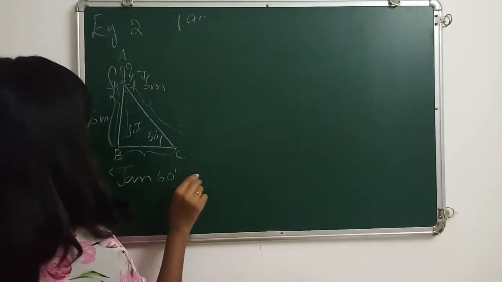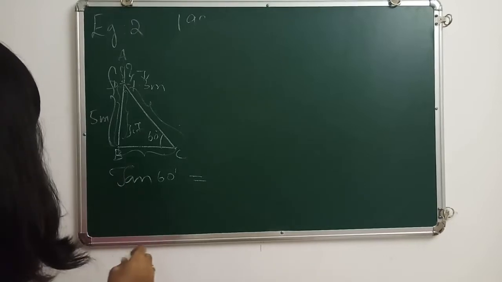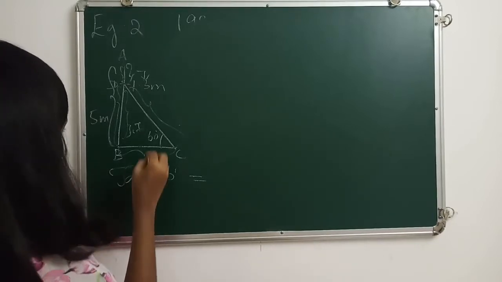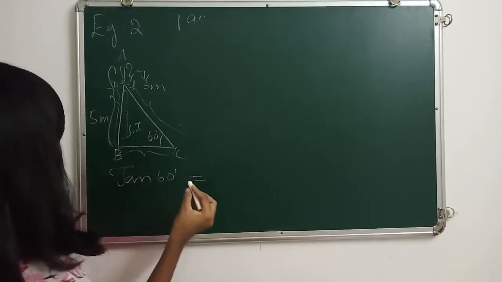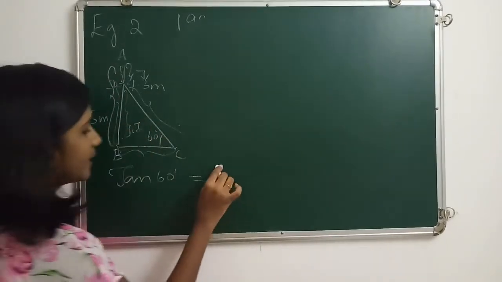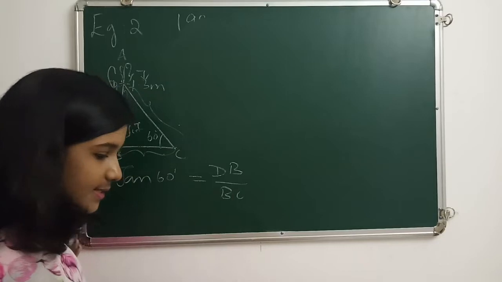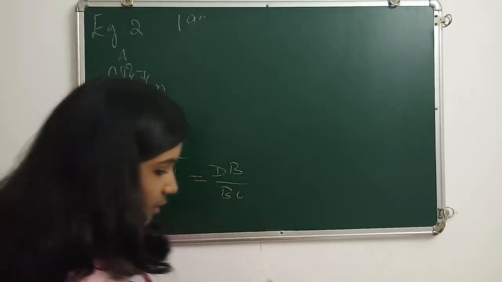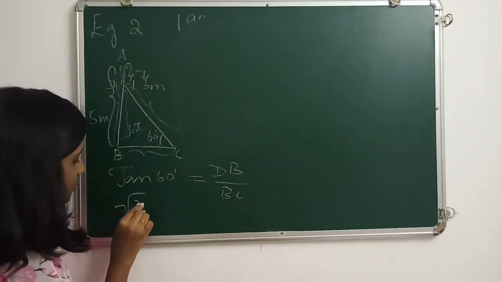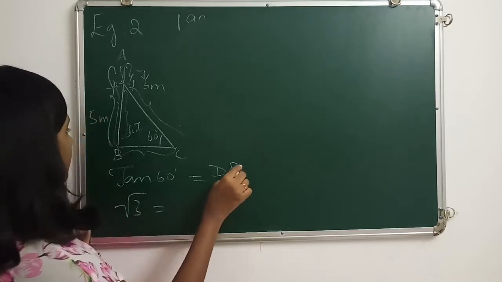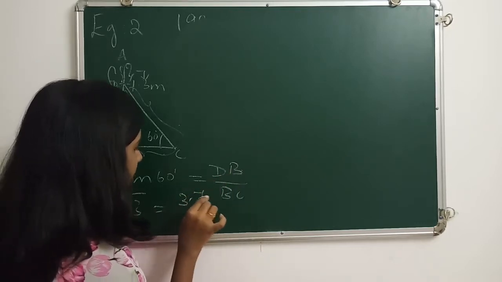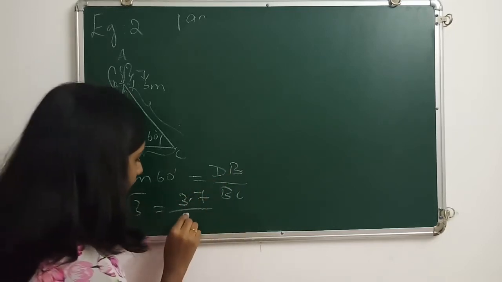Now tan 60 is equal to opposite by adjacent. So opposite is DB, so DB by adjacent BC. Tan 60 is root 3, as we know. So root 3 divided by DB is 3.7 divided by BC.